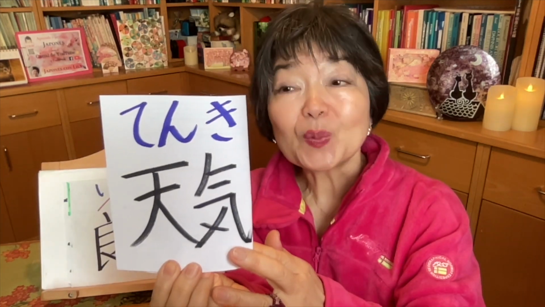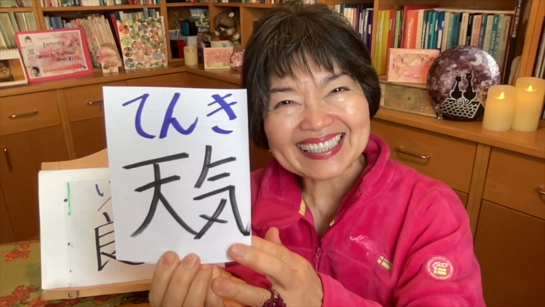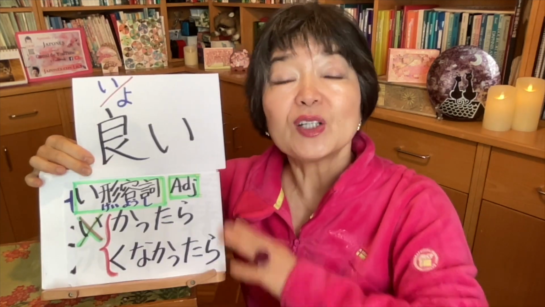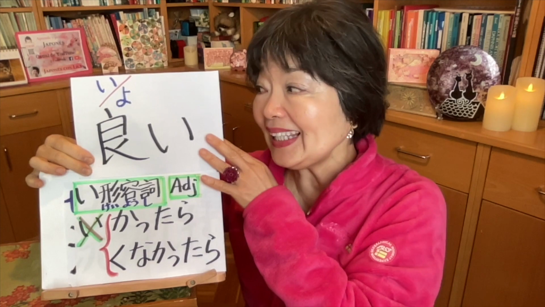If the weather is good tomorrow, I'm gonna do the laundry or I'm gonna wash clothes. The weather, we say 天気. The kanji is quite interesting. Ki, this is ki, the inner energy. And ten, this means heaven. The adjective i to say good, i.